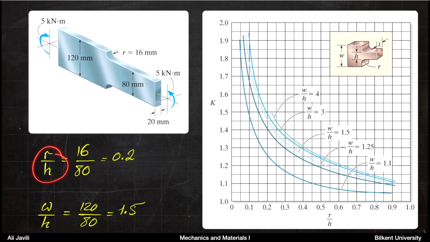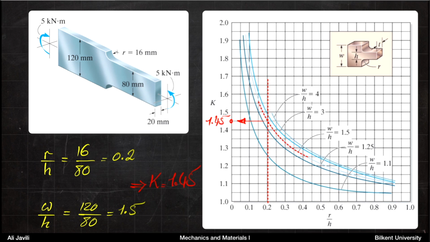So r over h is 0.2. W over h, on the other hand, is 120 divided by 80, which is 1.5. Now, if you intersect the line of w over h of 1.5 with the line of r over h 0.2, you get a stress concentration factor of 1.45.